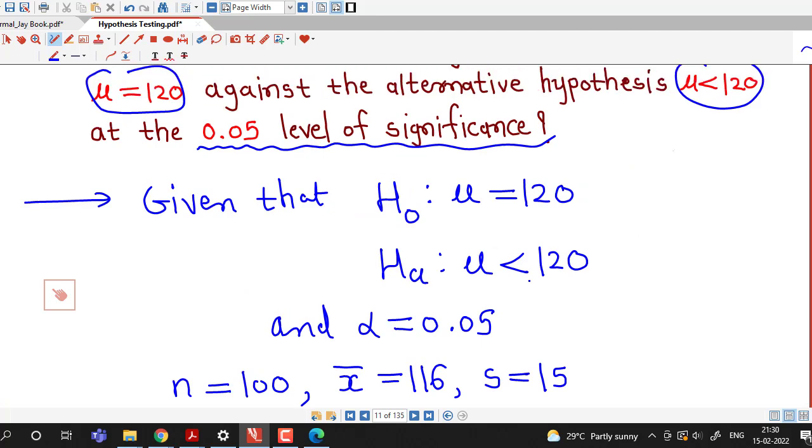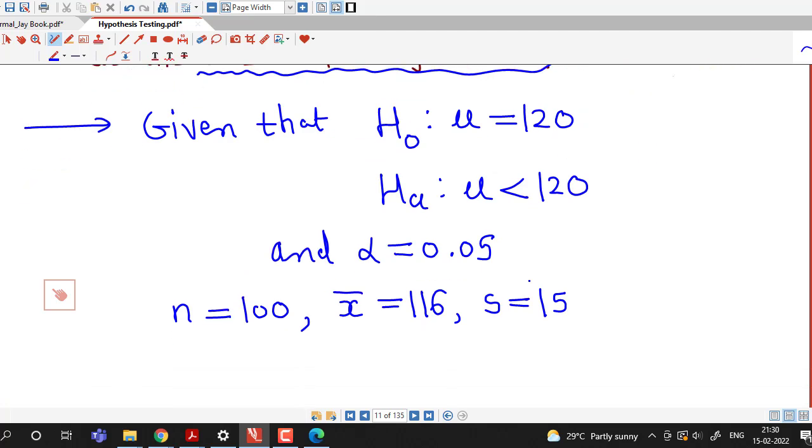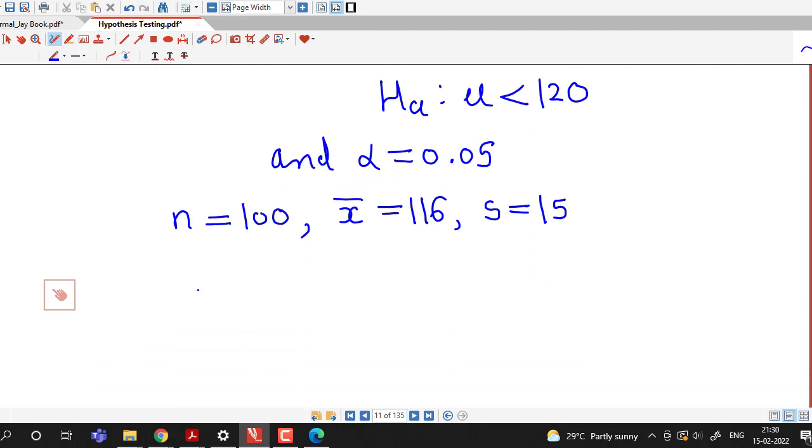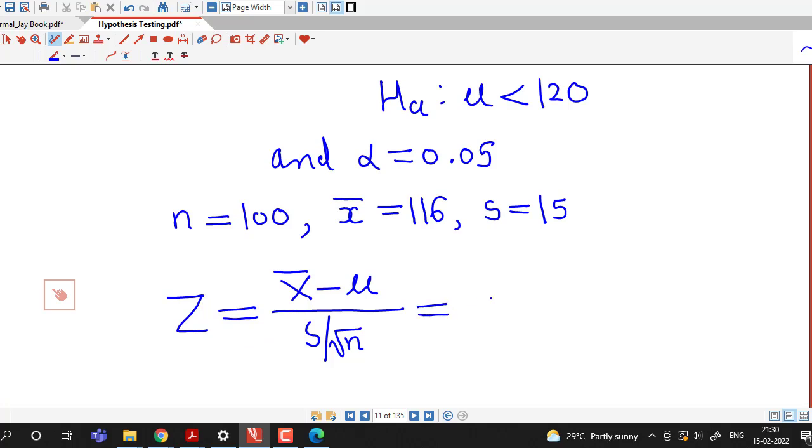Now here the sample size is large and therefore we can say that the appropriate statistic is the Z statistic, and we know that this Z statistic, given by Z equal to x bar minus mu over sample standard deviation over square root of n, is a standard normal random variable. So now we calculate this value of Z corresponding to the given sample data.